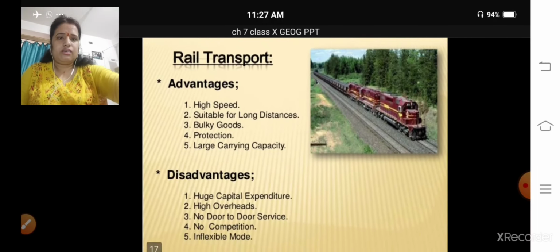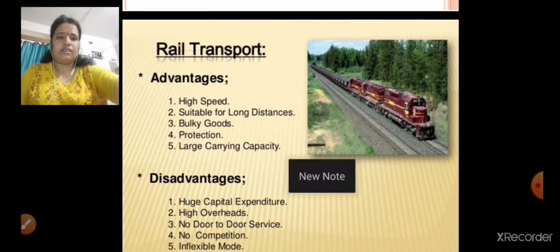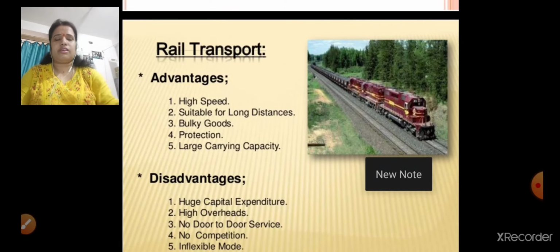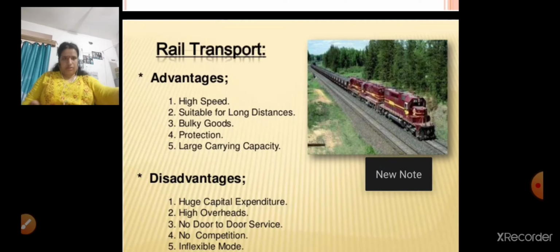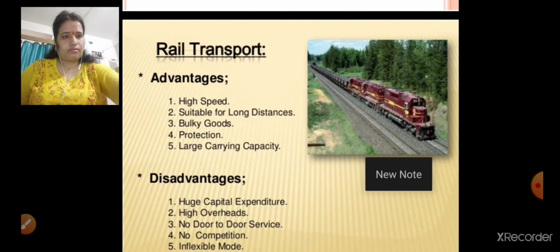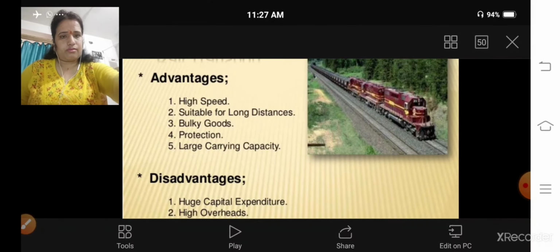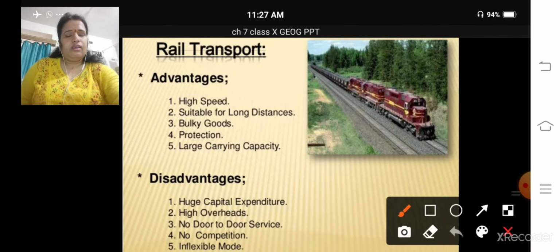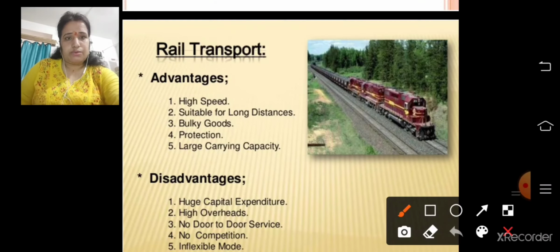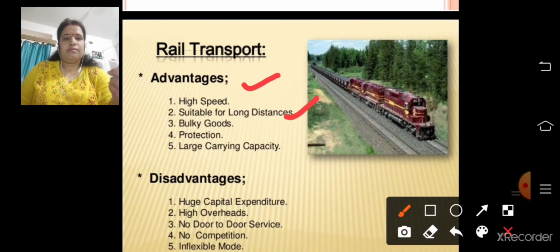Again, advantages and disadvantages for rail transport. Advantages of rail transport: high speed, suitable for long distances. The same point we did for road transport was that it is suitable for short distances, and railway transport is suitable for long distances.